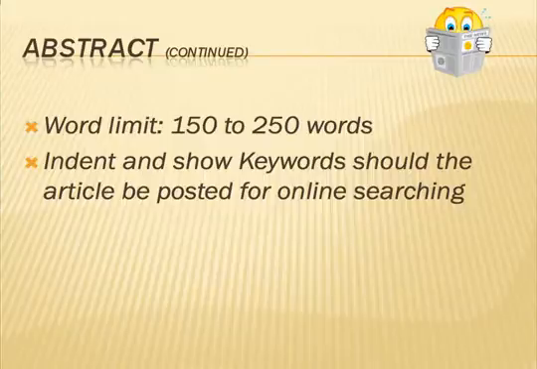150 to 250 words. So you need to show the critical evaluative summary of what is in your full essay. And then you indent and put in italics the word keywords, and then come up with the keywords that are in your paper. If this paper was going to be published online, and somebody wanted to go out to Google or Yahoo and do a search for this paper, what keywords should trigger?